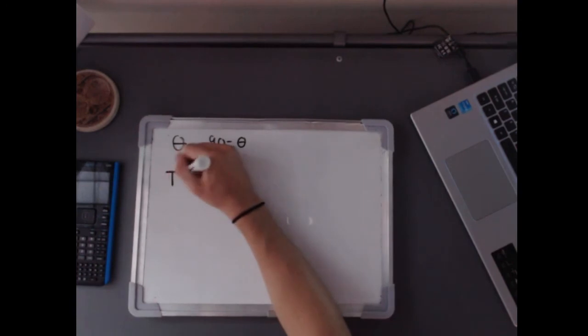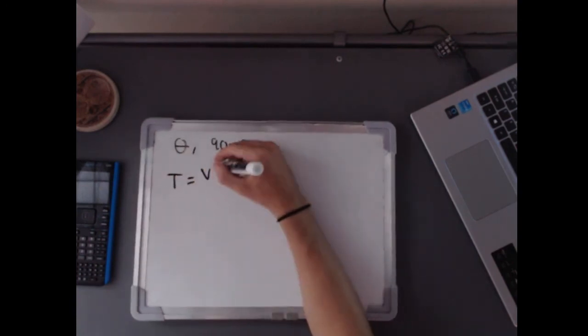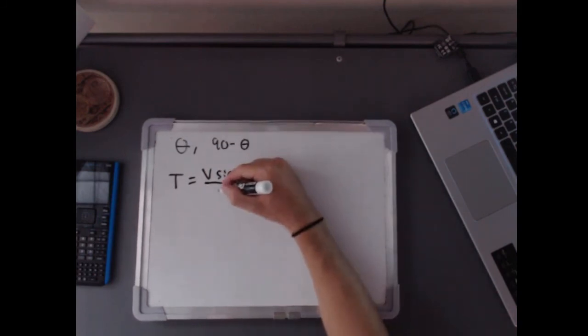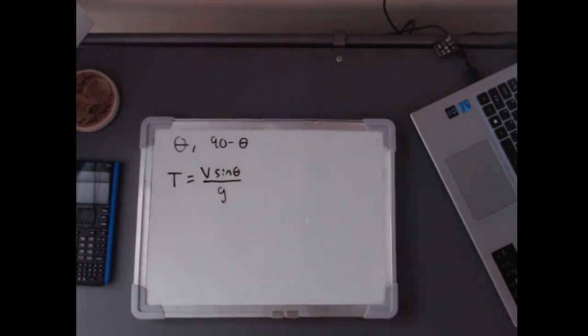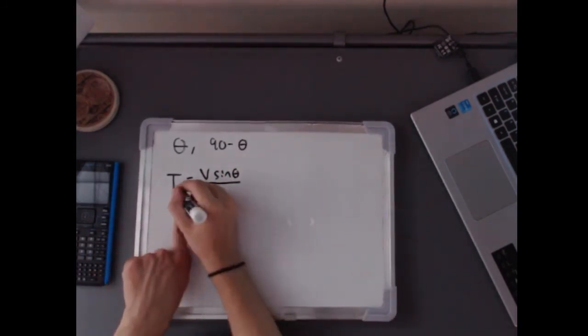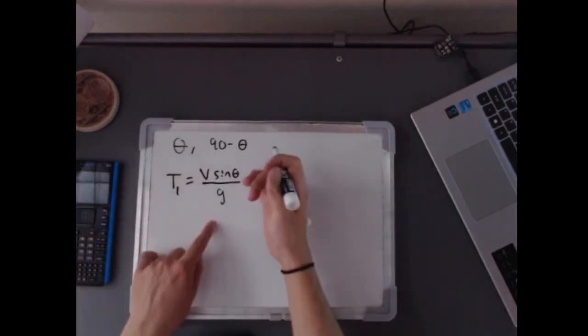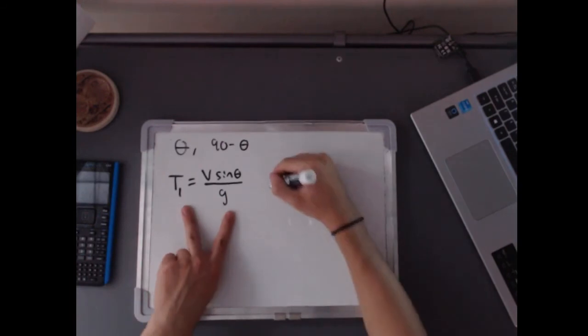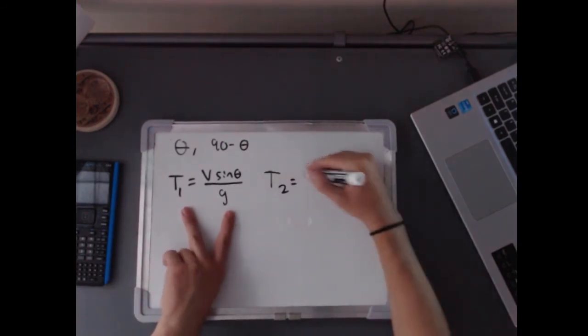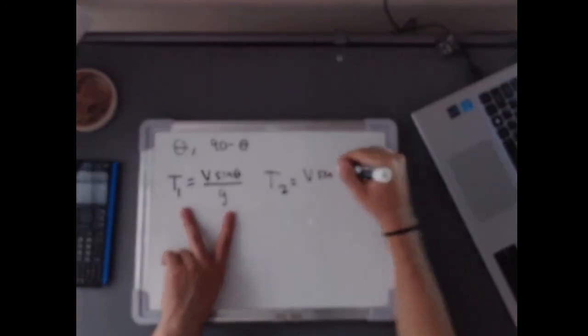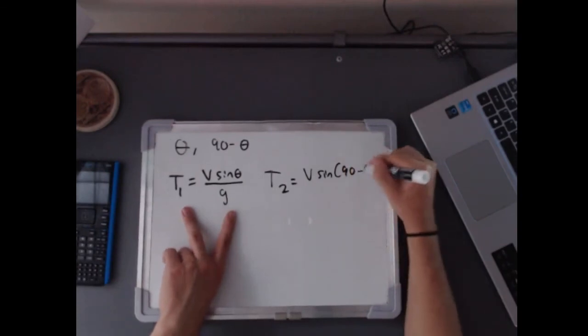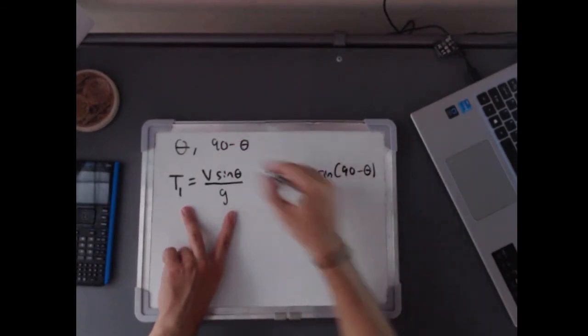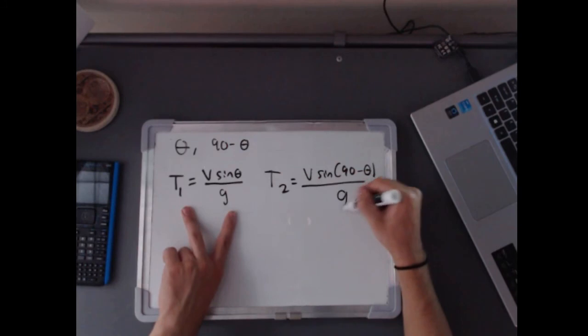The equation for time t is equal to v sine theta over g. We'll call this t1, because it's already in terms of sine theta. T2 is going to be v sine of 90 minus theta, because it's a complementary angle, over g.